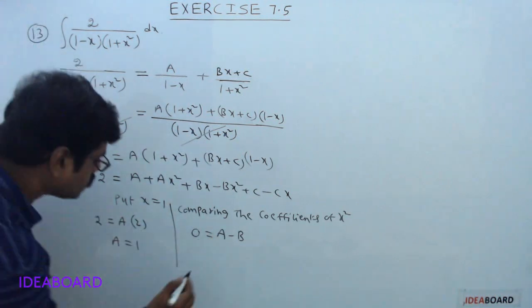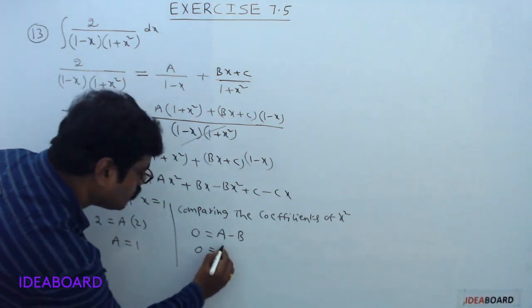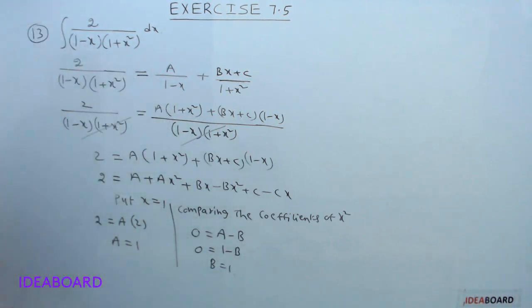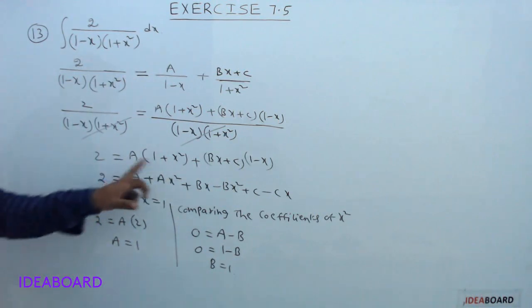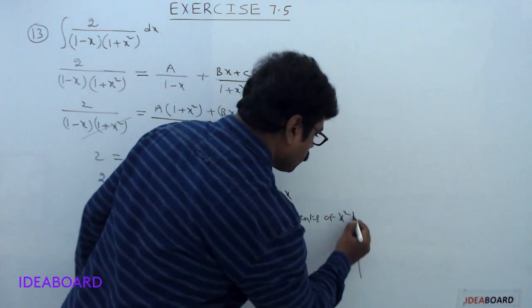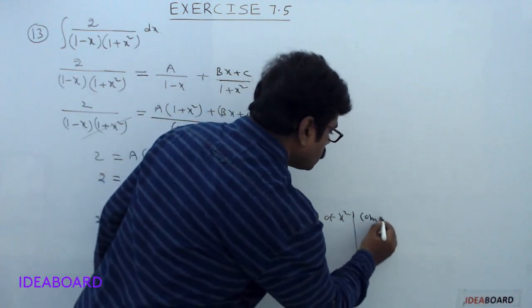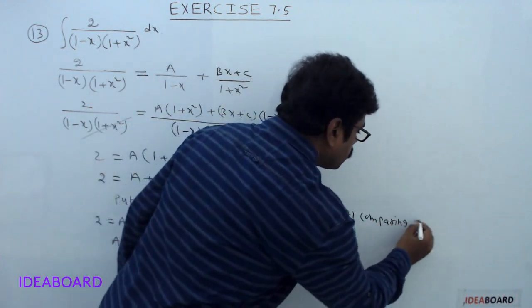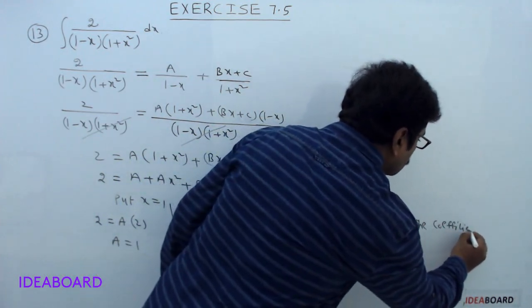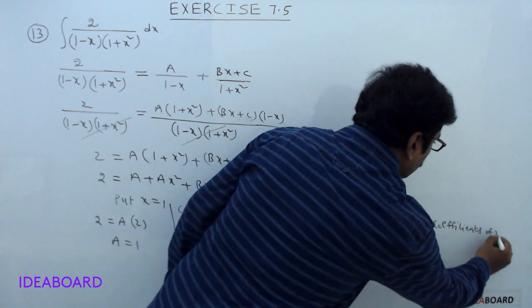Substitute a value in this equation. Now, 0 equals 1 minus b. Therefore, b equals 1. Then, compare the coefficients of x on both sides of this equation. So, comparing the coefficients of x.